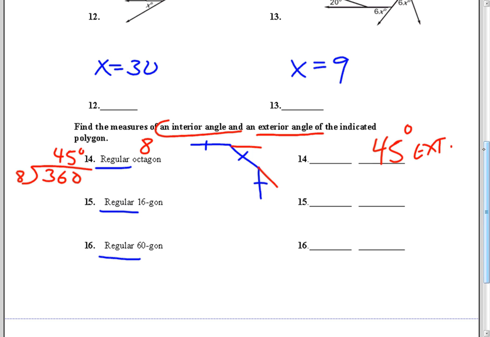Supplementary, but what did I write on the side board? Interior. What's the key word? Linear pair. So this is 135, and that's your interior. Every problem could be done that way. 16 into 360. Why are people afraid of decimals?